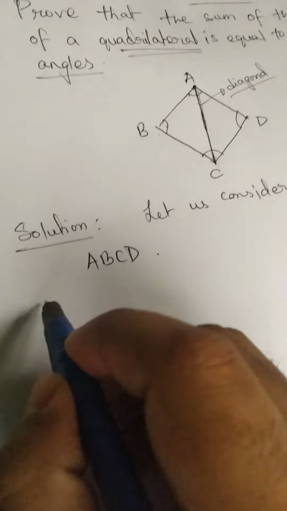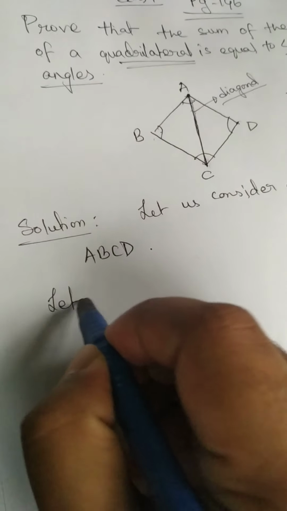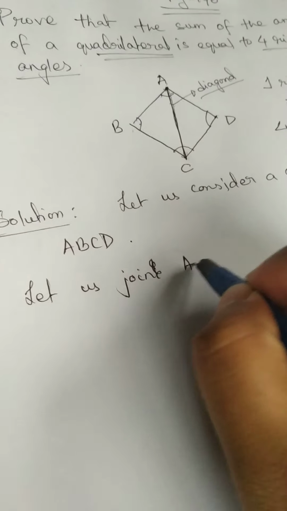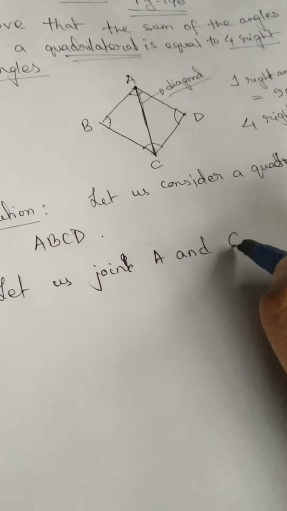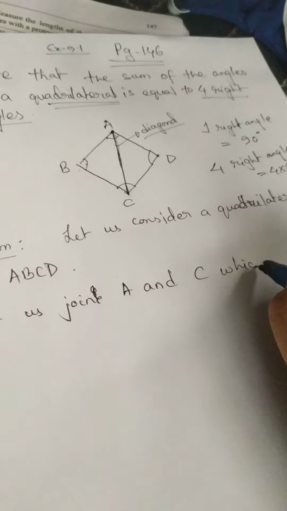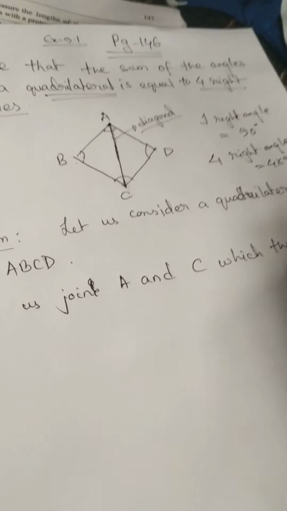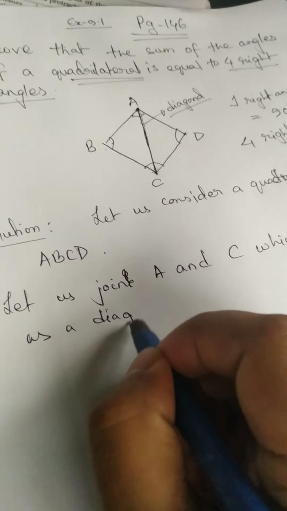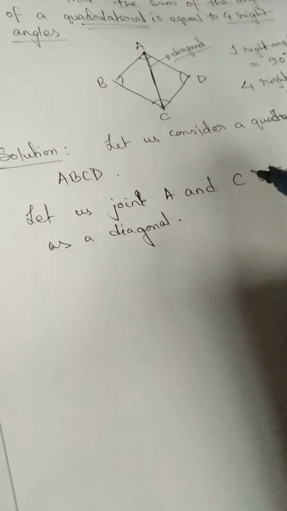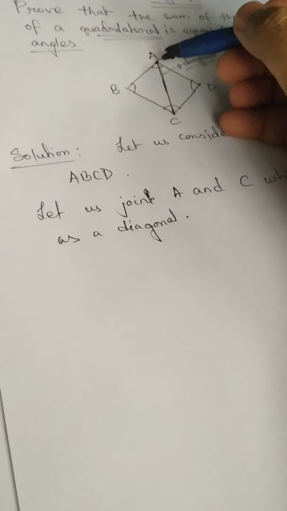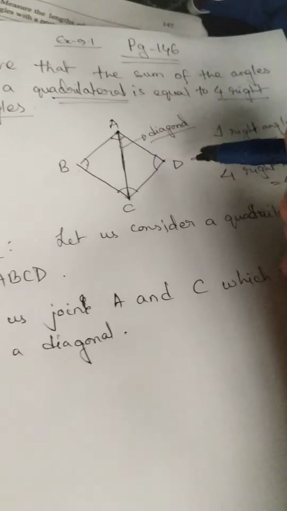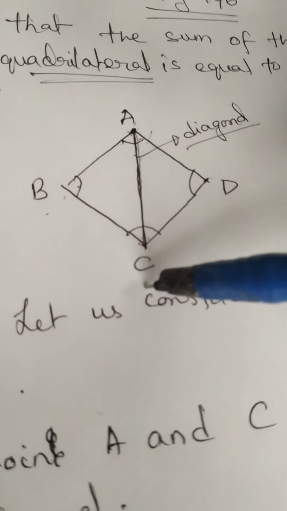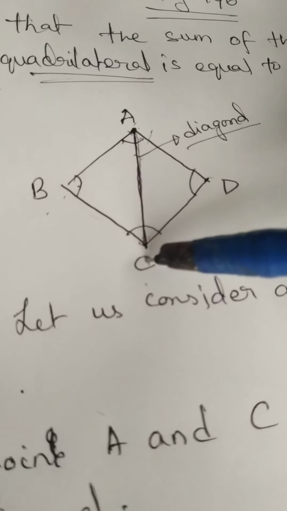Okay, so let us write: let us join A and C, which thus acts as a diagonal. Now, once you join A and C, what can you see over this figure? You can see that A, B and C is a triangle.